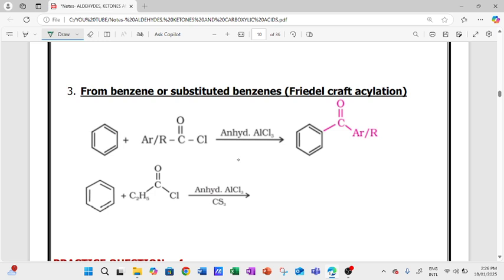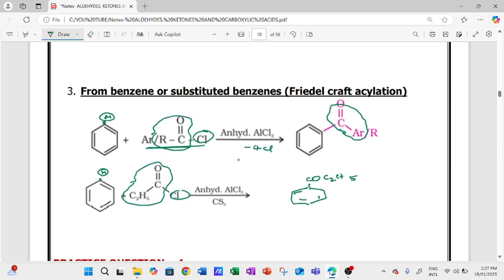In this example, a hydrogen of benzene gets eliminated with the chlorine so that the C2H5CO portion gets attached to the benzene ring. So benzene with COC2H5 is called propiophenone, because C2H5 and the carbonyl make three carbons.